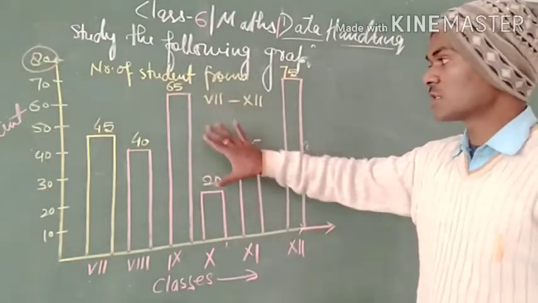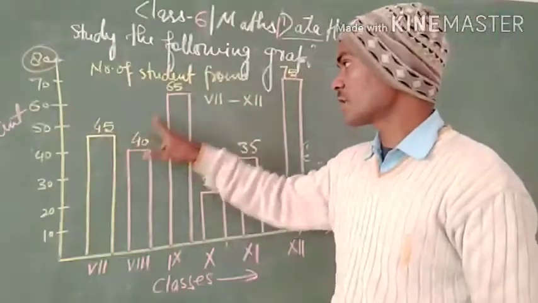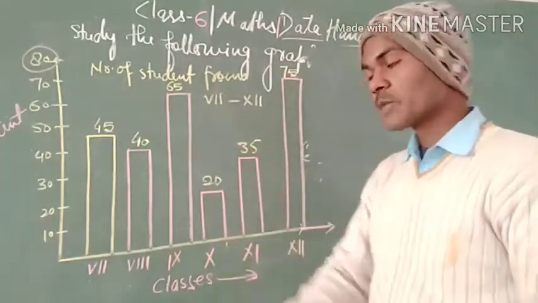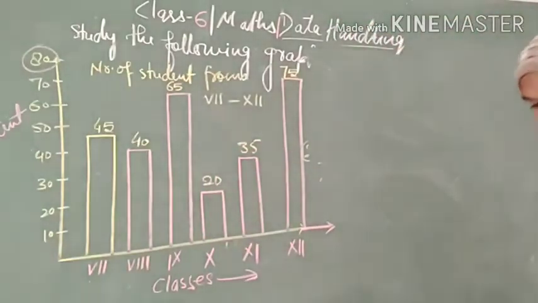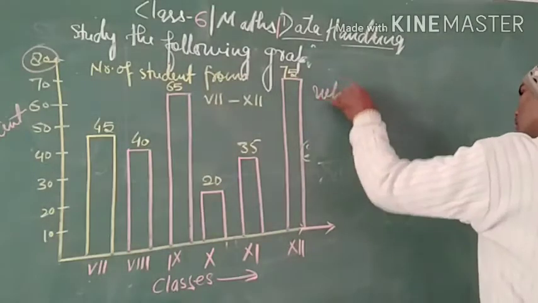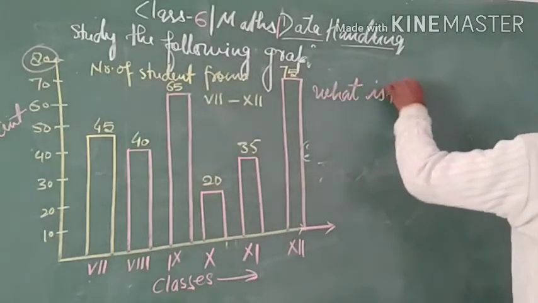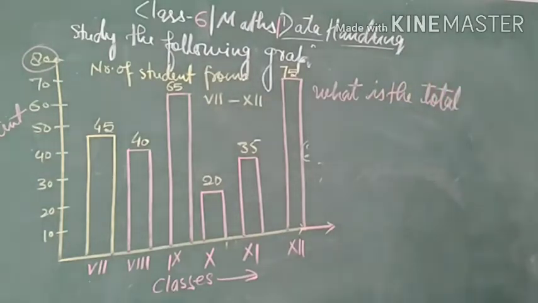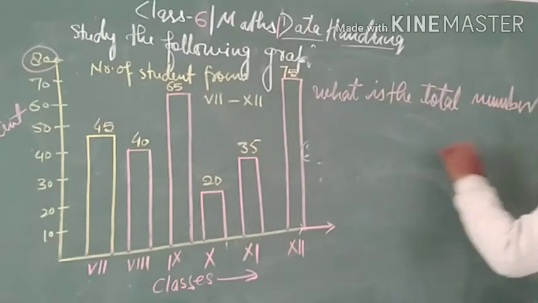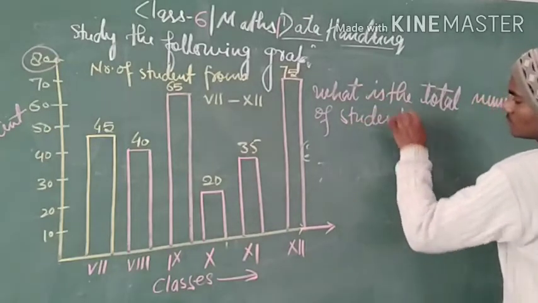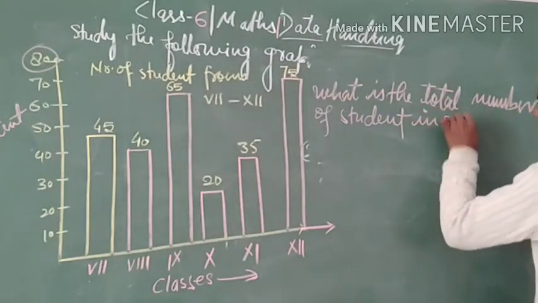So all these numbers we have to add, and they will give us the total number of students in the school.